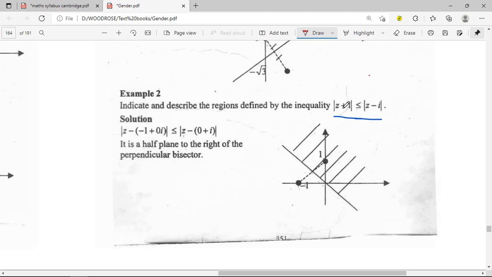This is Z minus open bracket minus 1 plus 0i, and this one is Z minus open bracket 0 plus i. So this is our Z1 and this is our Z2. So Z1 is -1 and 0, and Z2 is 0 for X and 1 for Y. So you roughly join by a dotted line, then you draw your perpendicular bisector.